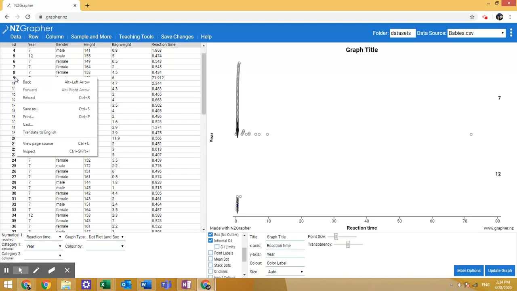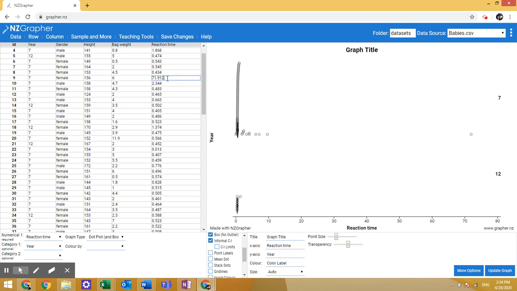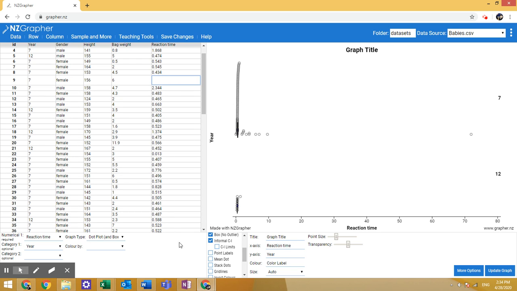Can I remove them from here? What happens if I just remove them from here? Okay, nothing. So this is quite interesting. I must have a little play with that.